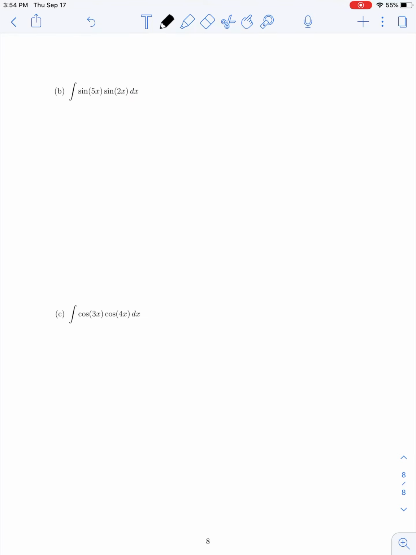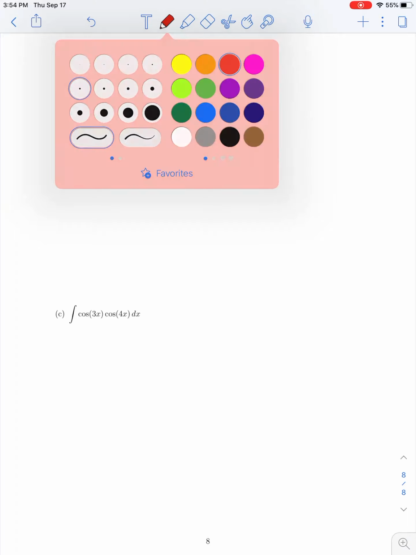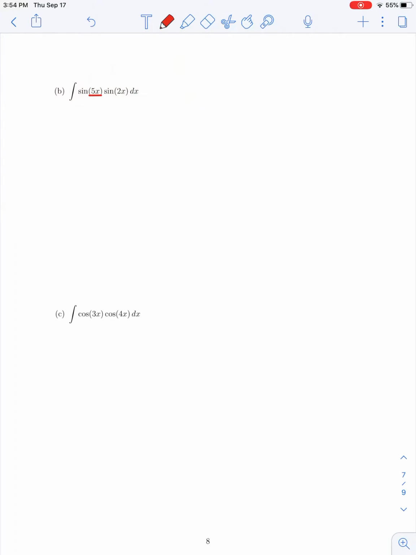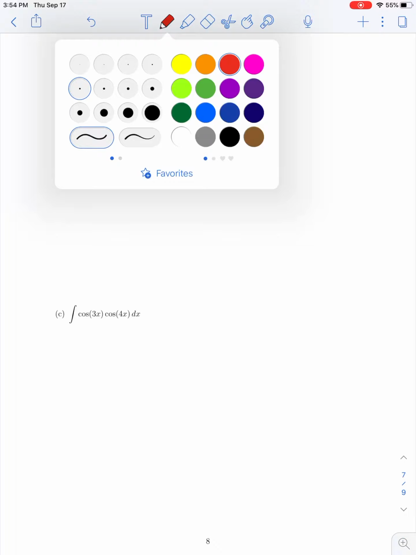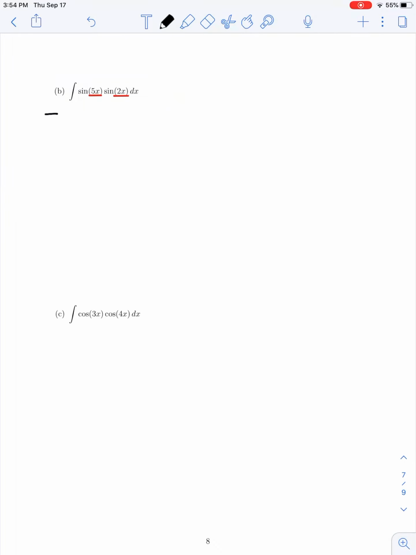All right. So let's look at some other ones. In part B, we have the integral of sine of 5x times sine of 2x. Again, I'm taking a product of two sine functions. However, the arguments of these two sine functions are different. So in order to evaluate this integral, we're going to make use of one of the trig identities we discussed earlier.